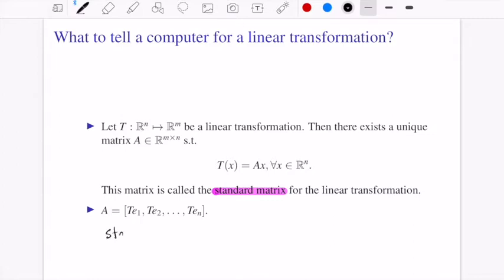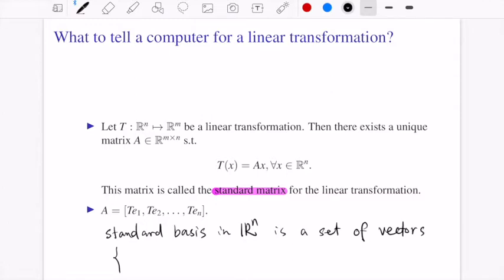So the standard basis in Rn space is a set of vectors consisting of e1, which is the vector 1, 0, and everything else 0.